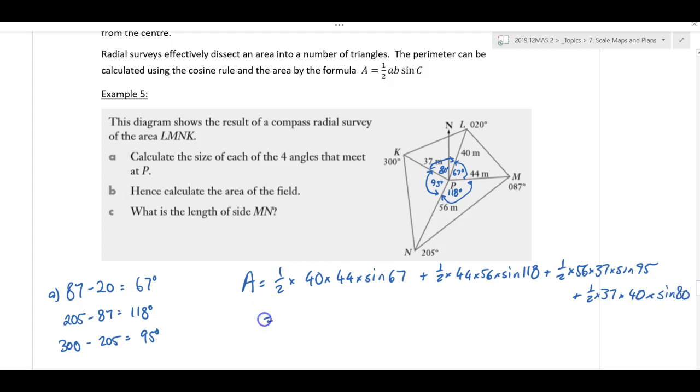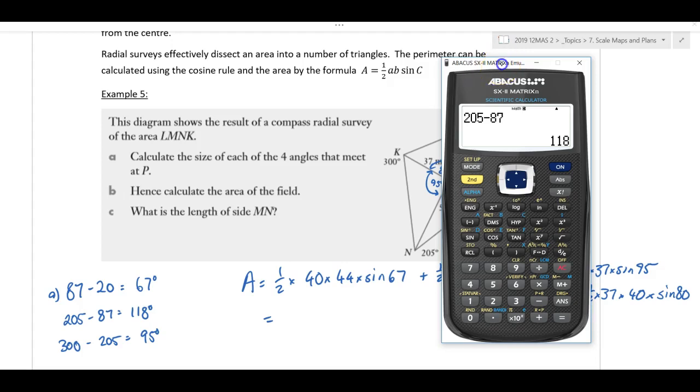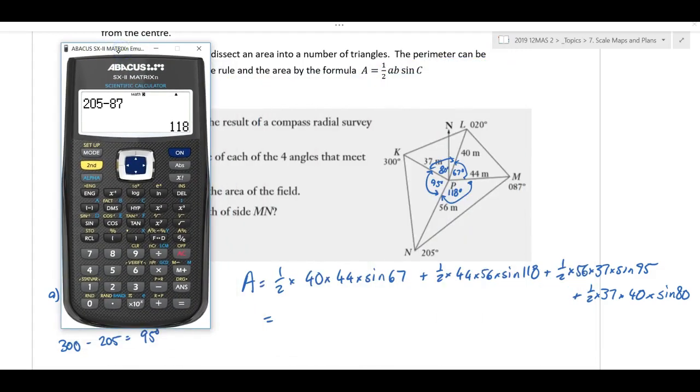Now this becomes pretty messy. You can see that's quite a long calculation. I could, as we did in the previous question, break them up into four different areas and calculate them one at a time. But let's just see if we can do this on our calculator. 0.5 by 44 by 56. Oh, all clear.